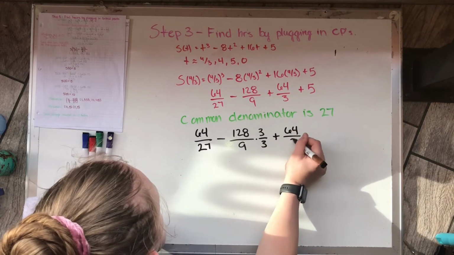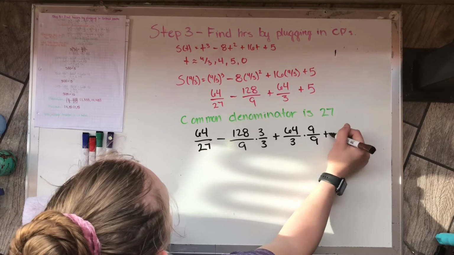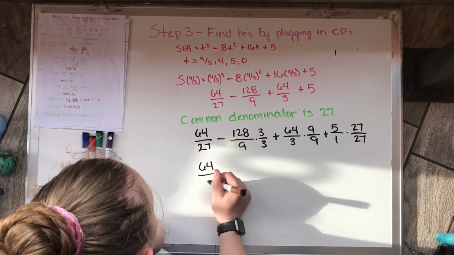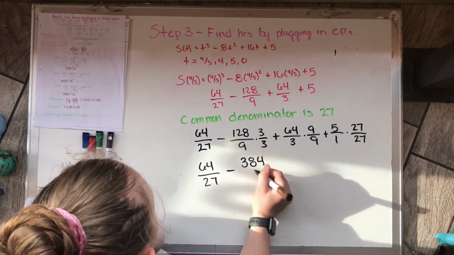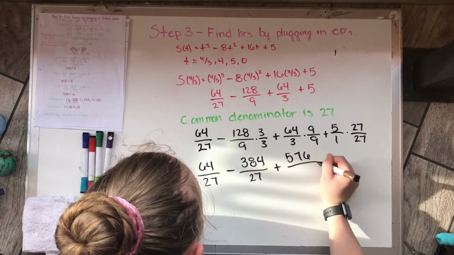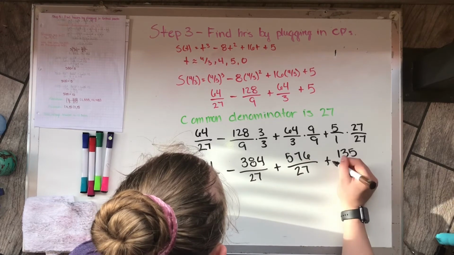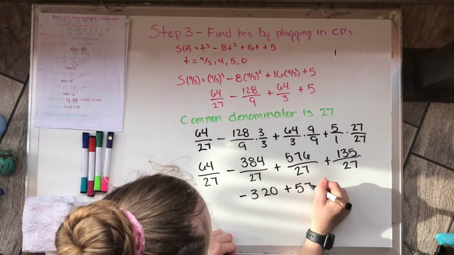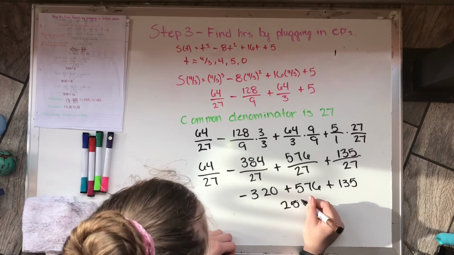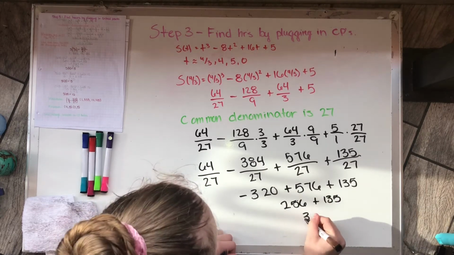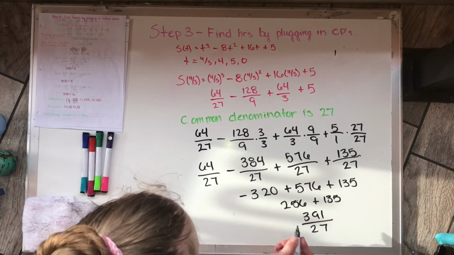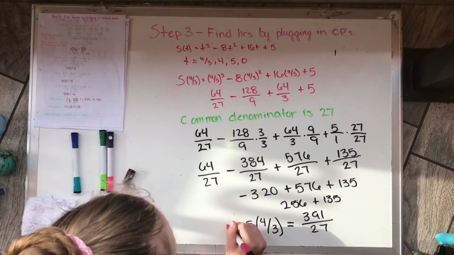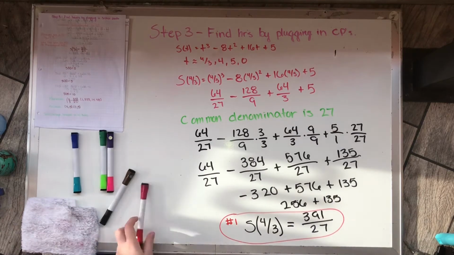And so I multiplied 128 times 3 to get the denominator to 27, and 64 over 3 times 9 to get to 27, and 5 over 1 times 27 to get the denominator as 27, so we can have a common denominator and make our math easier. Then I subtracted 64 minus 384, and I got negative 320 over 27. And so I finished getting the numerator completely subtracted, added, and everything, so we can get to the final answer of 391 over 27. And that is the first value.